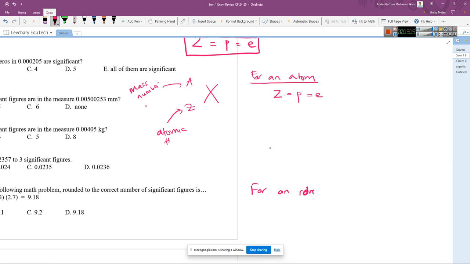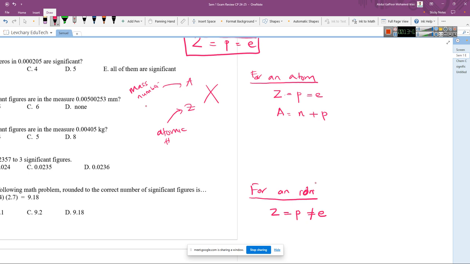And the mass number will be equal to the number of neutrons plus the number of protons. These two equations you should bear in mind. And for an ion, the atomic number will be equal to the number of protons, but that will not be equal to the number of electrons. Why is that?